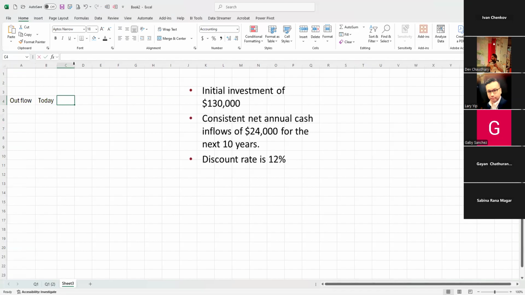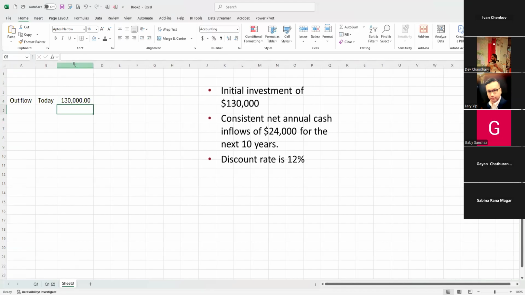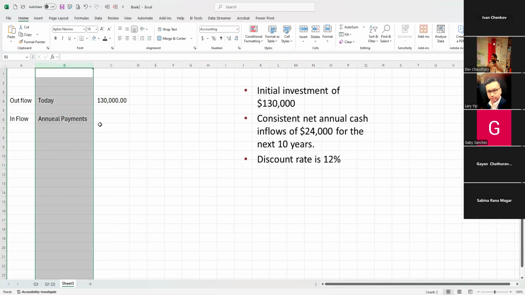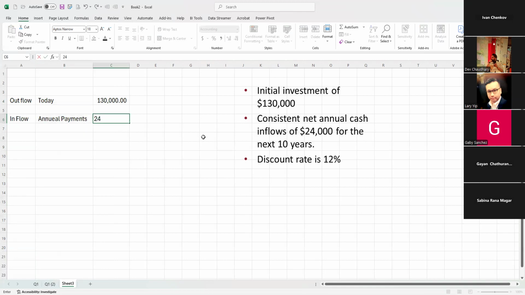Today we have to spend $130,000. Now the inflow in this case will be the payments. That will be annual payments of $24,000 that we're going to receive every year.